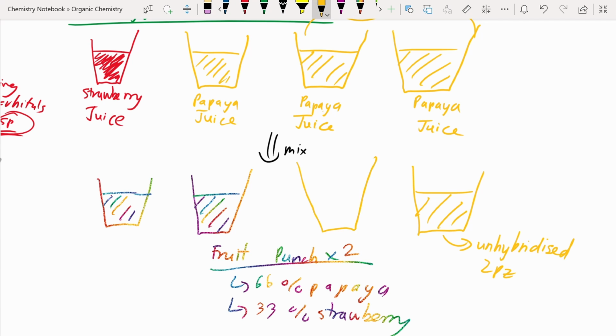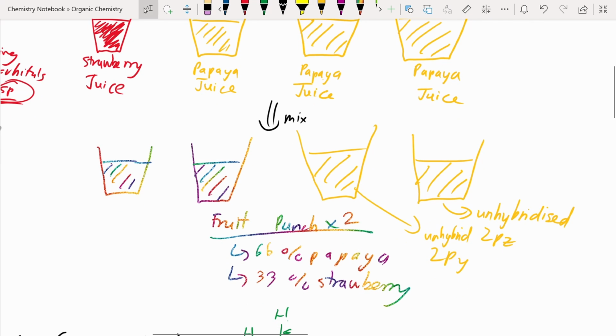So just one papaya juice is mixed, and the two papaya juices reserved for your friends represent your unhybridized 2p orbitals. The fruit punch will now be 50% papaya, 50% strawberry.